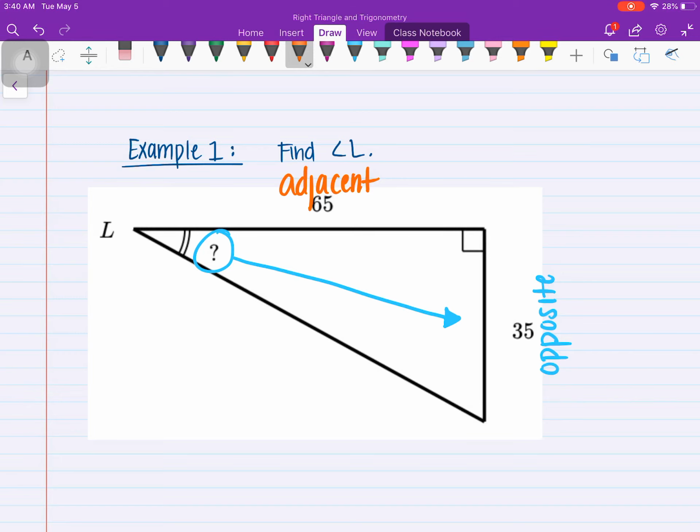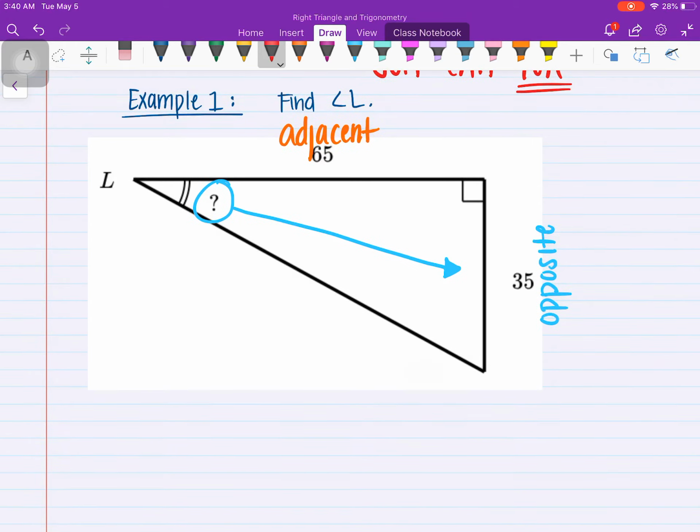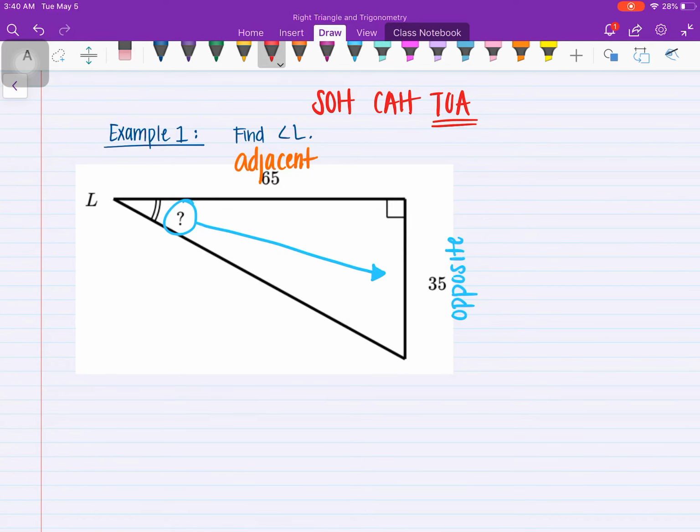So if I'm basing this off SOHCAHTOA, we have opposite over adjacent, which in this case would be tangent. So I'm going to write that down. We have tangent of, let's say this here equals x, equals my opposite over adjacent. So opposite, which is 35, and my adjacent is 65.